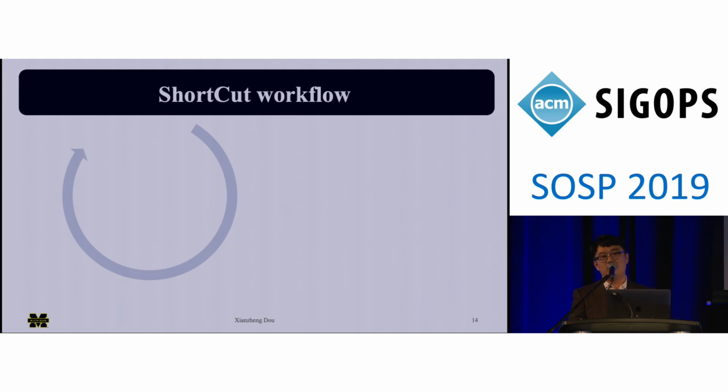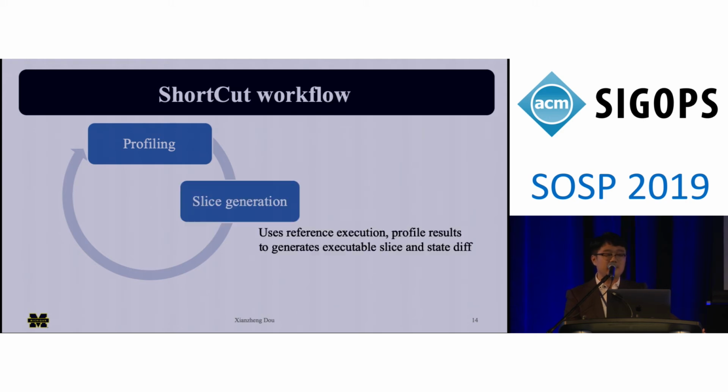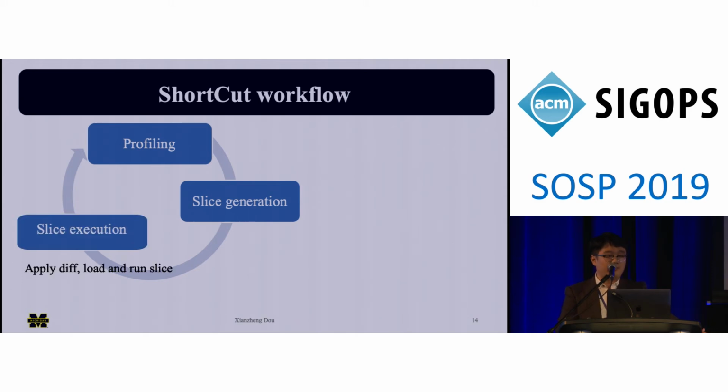From the high level, ShortCut will always start from profiling. We will do offline analysis to figure out what inputs, what control flow or data flows are likely to change. And then using that profiling information, we do offline slice generation. Afterwards, if the same code region is invoked again, we will try to accelerate by loading the state diff and running the slice.